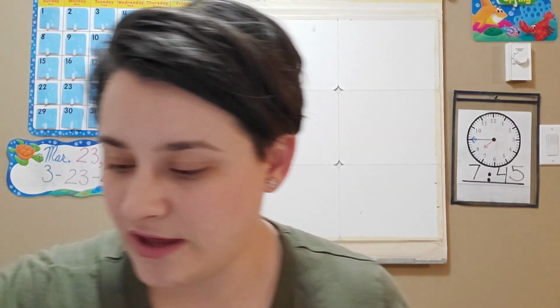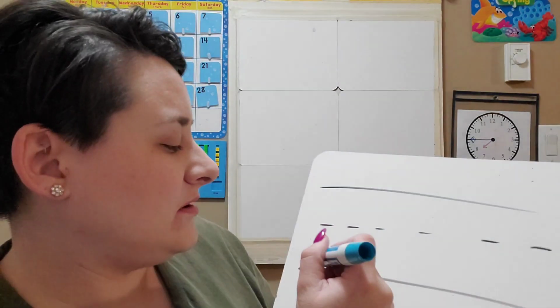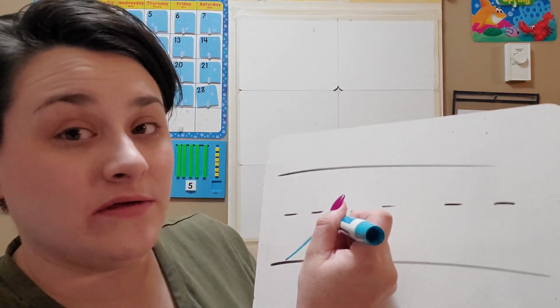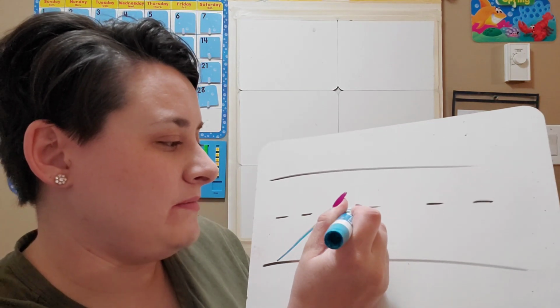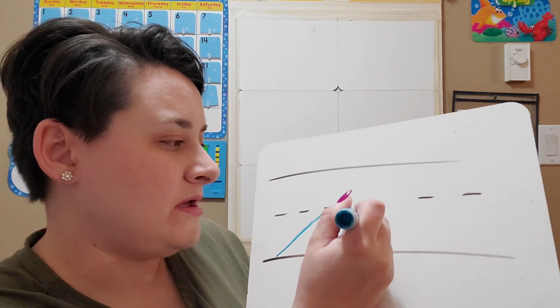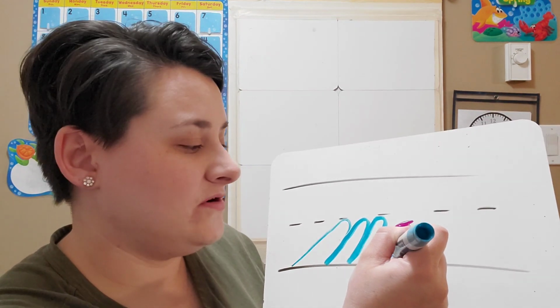So I'm going to use my dry erase board and we are going to write the word map. Up the hill, down, come up, down, up, down. So there's our M with our cursive curl.